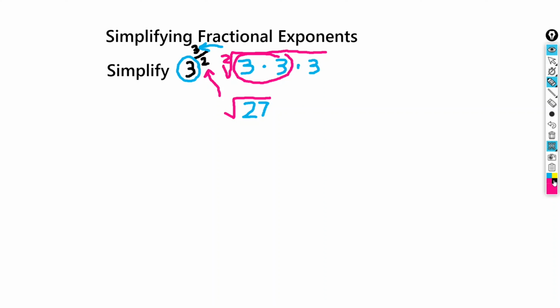So what we can do is break this apart into the square root of 9 times the square root of 3. Well, the square root of 9 is 3. So this is going to equal 3 square roots of 3. And that's as far as we can go for simplifying this fractional exponent.